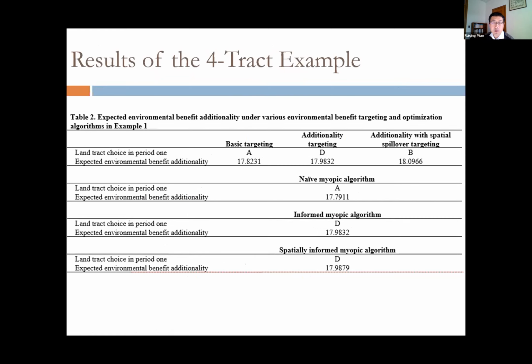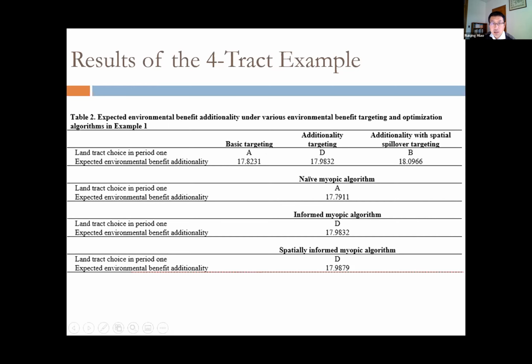Our results show that under the basic targeting, which does not consider the additionality or the spatial spillover effect, if the easement manager uses the basic targeting strategy, grassland tract A should be eased in the very first period.